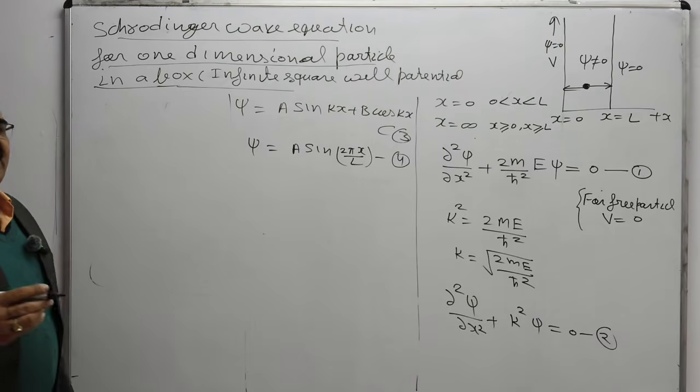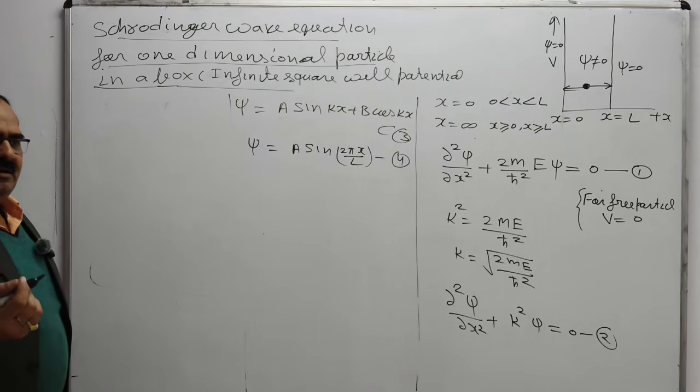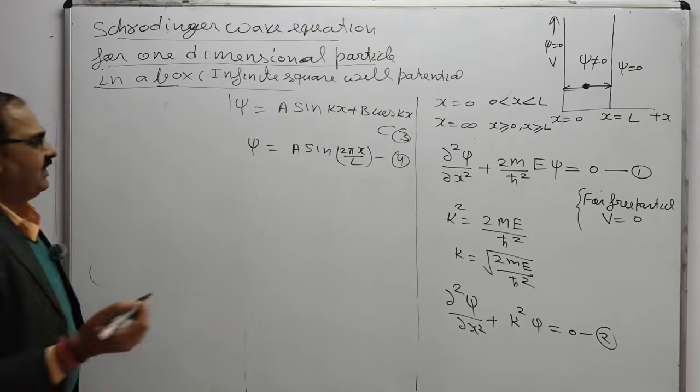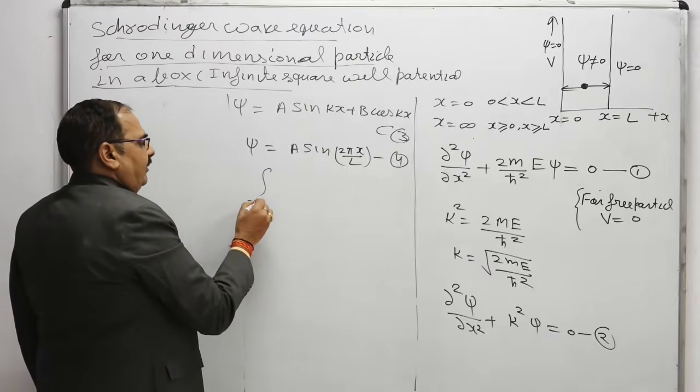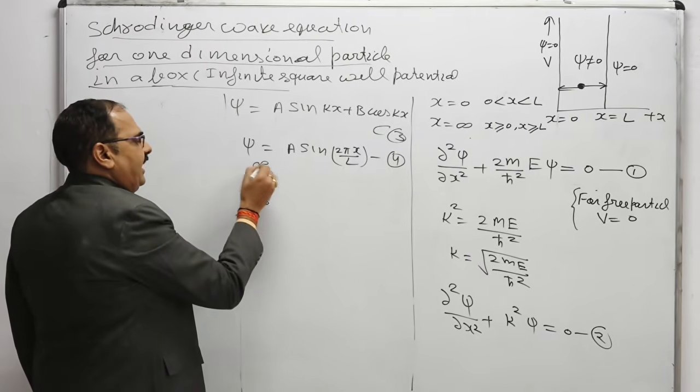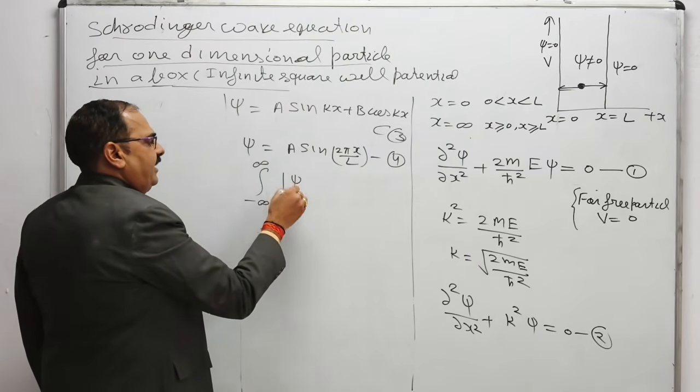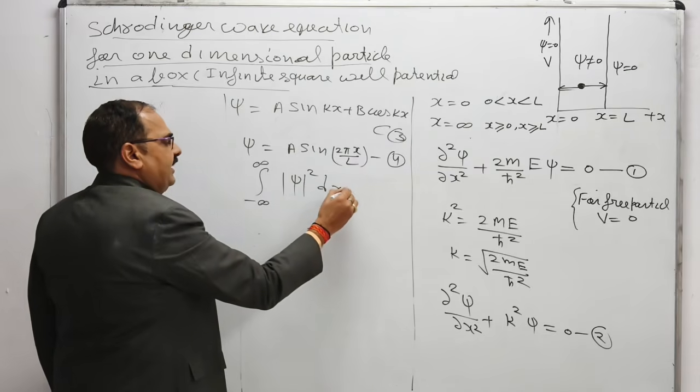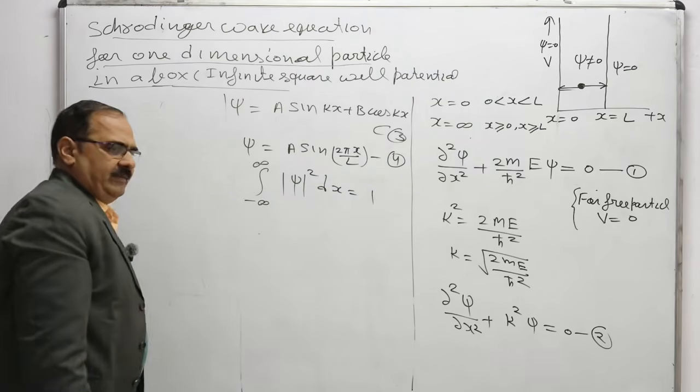Then apply the normalization condition: the integral from minus infinity to plus infinity of mod psi square dx is equal to 1.